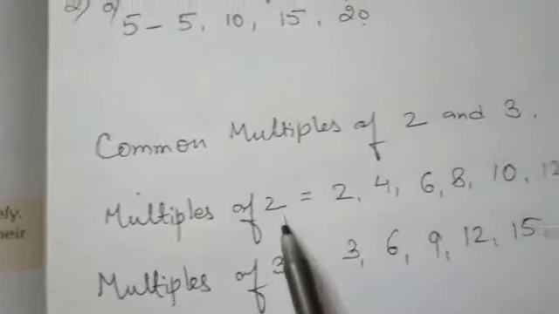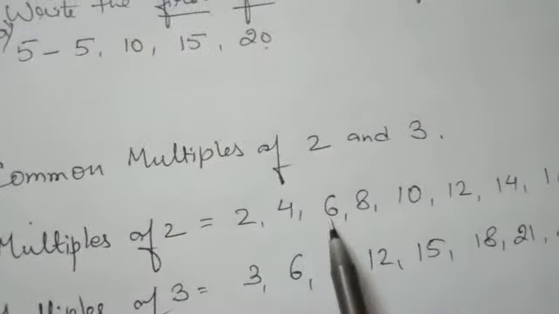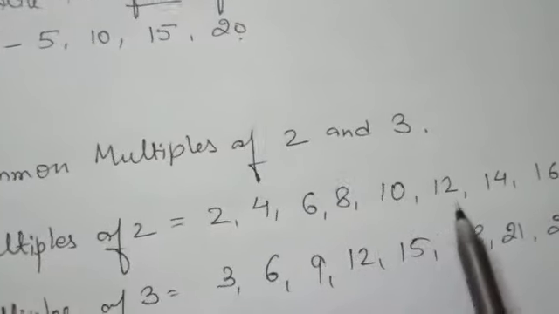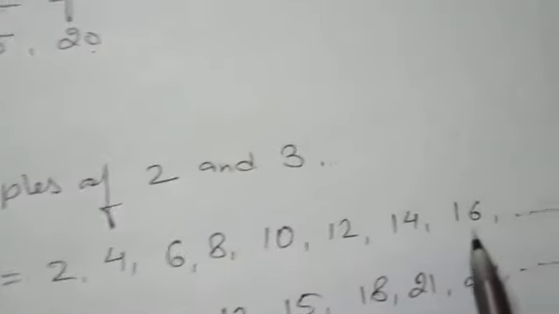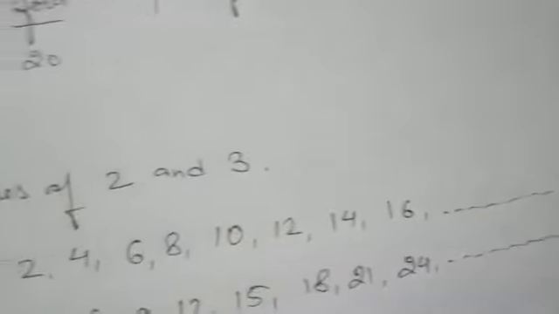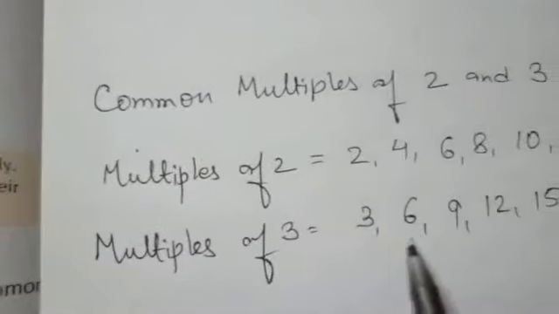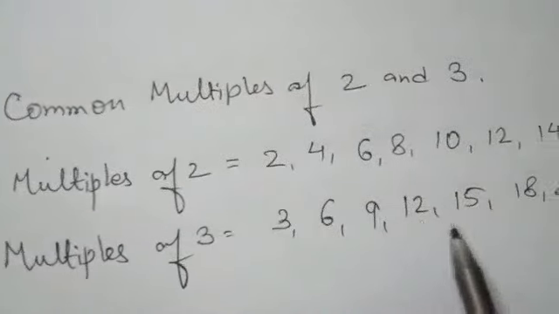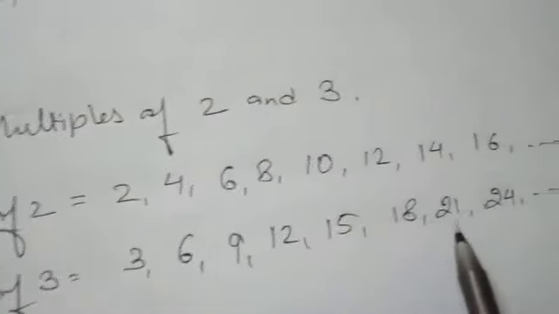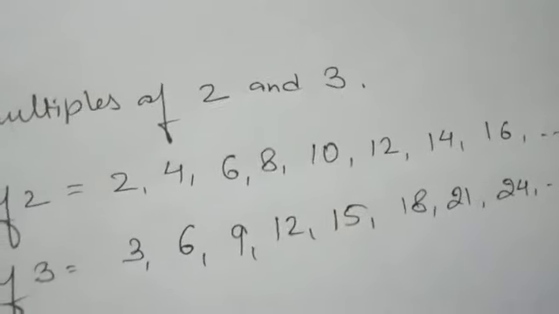Multiples of 2: 2, 4, 6, 8, 10, 12, 14, 16 and so on. Multiples of 3: 3, 6, 9, 12, 15, 18, 21, 24 and again so on.